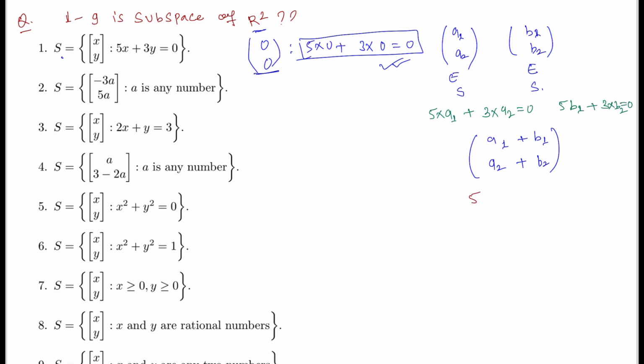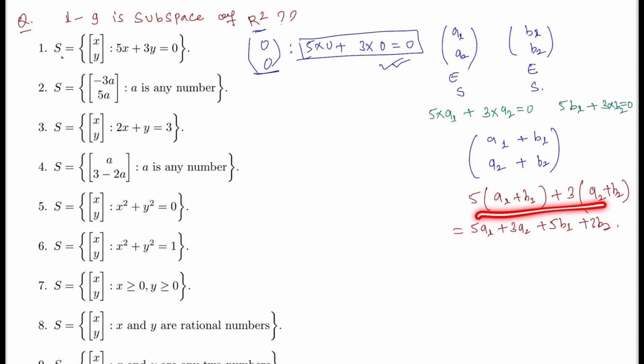So 5 times the first component of the vector is this one, that is a1 plus b1, plus 3 times the second component, that is a2 plus b2, right? And if we do the arrangement like 5a1 plus 3a2 plus 5b1 plus 3b2, then this should come out 0.